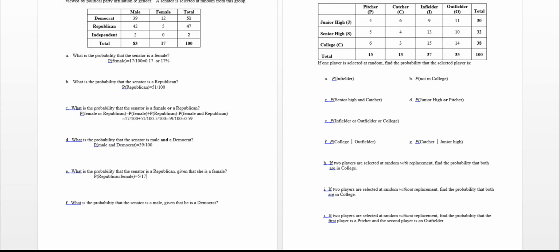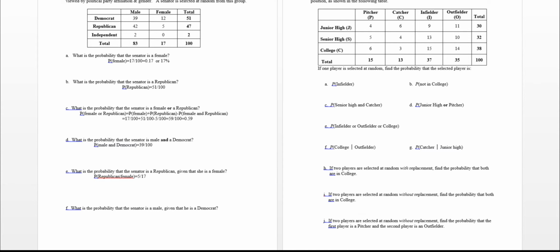Now, you can do this another way using the formula given to you about conditional probabilities in your book, which is look at the intersection, divide by the size of the group you're interested in. If you want to see that really quick, that would be probability Republican given female. I should have just done letters like F for female, R for Republican, since none of these are the same. That would have been faster.